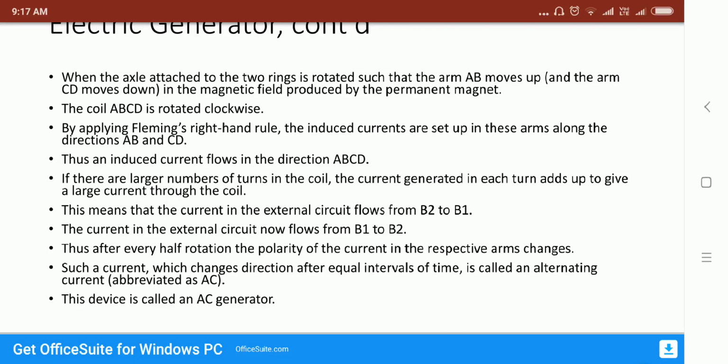So once current flows from B2 to B1, when we provide another rotation of the coil in the anti-clockwise direction, current flows from B1 to B2. Likewise, the current polarity keeps varying, and based on these positive and negative cycles we generate alternating current, known as AC current. So this generator is known as an AC generator.